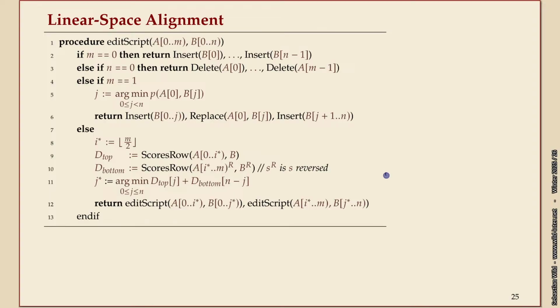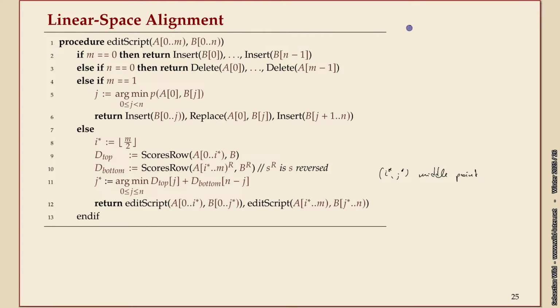This point i star, j star is then the midpoint. So the edit script we get from this is the best edit script to get from 0, 0 to i star, j star, plus the best edit script to get from i star, j star to m, n.